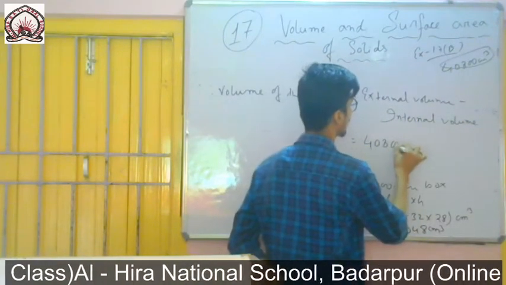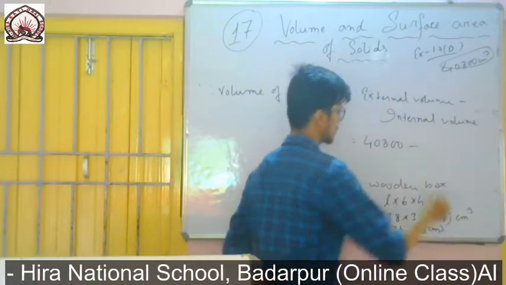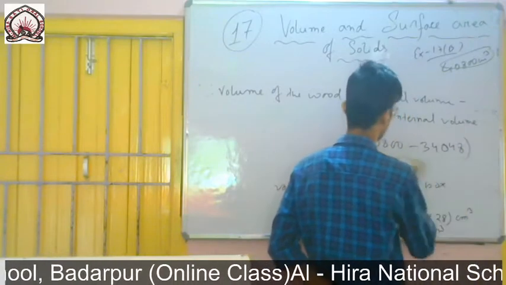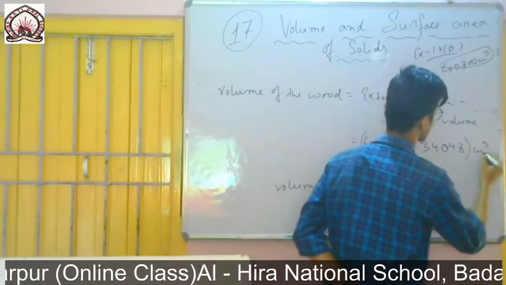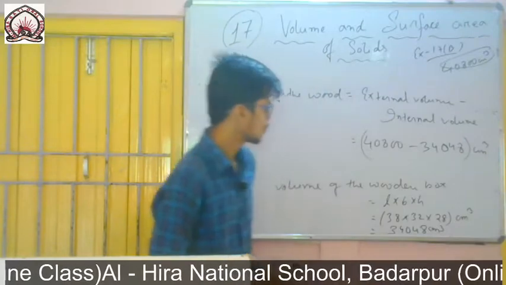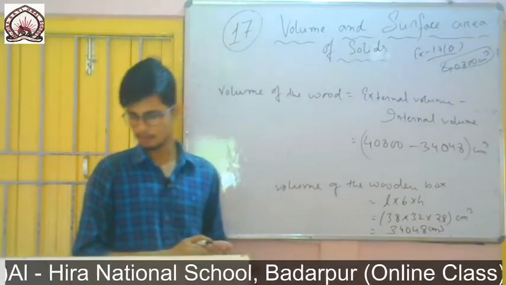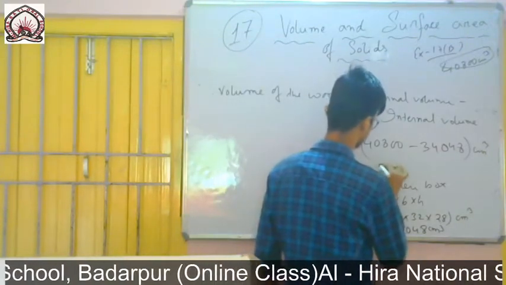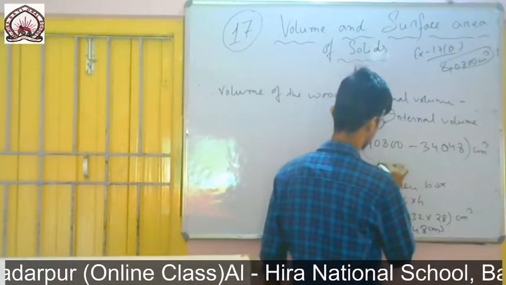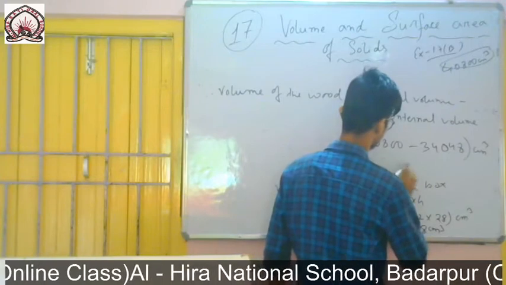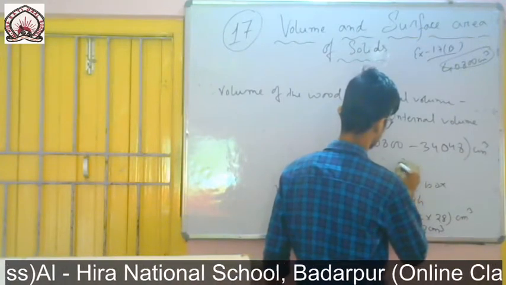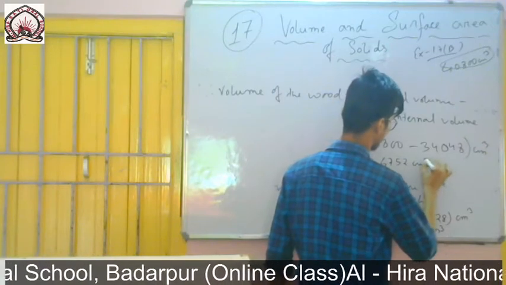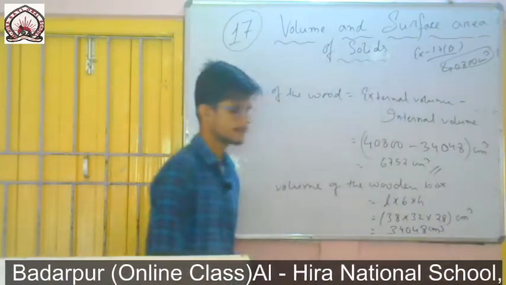External is 40800 minus internal, it is 34048. 34048, unit is centimeter cube. 40800 minus 34048 is 6752.